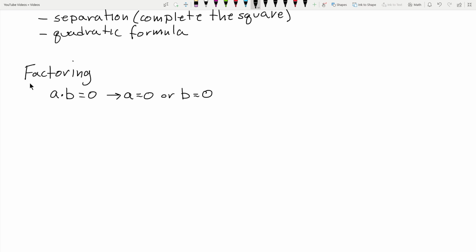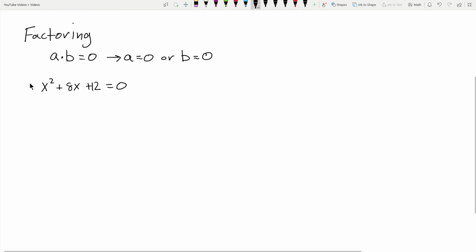All right, so let's take a quadratic equation. x squared plus 8x plus 12 equals 0. All right, so I know this factors, so I'm going to try and factor it. So what I want here is two binomials.